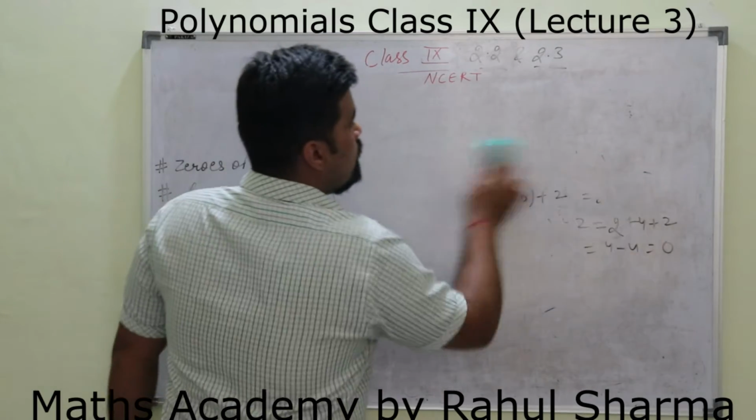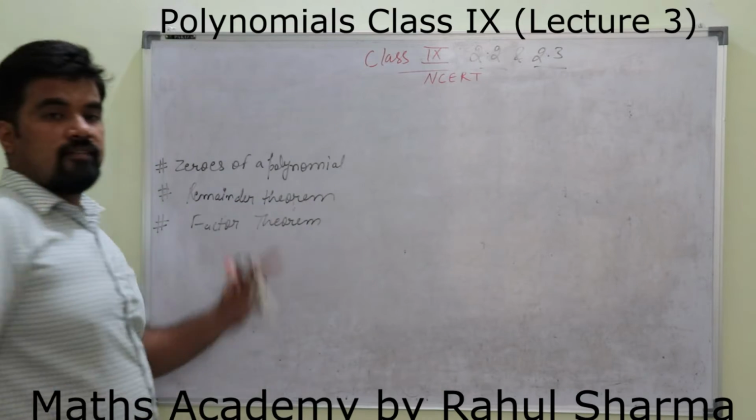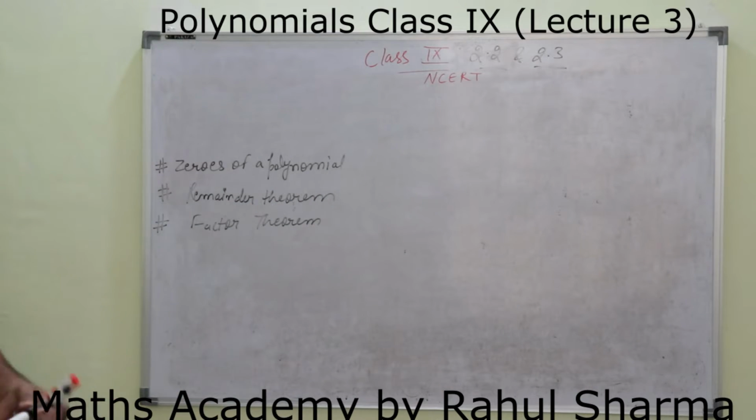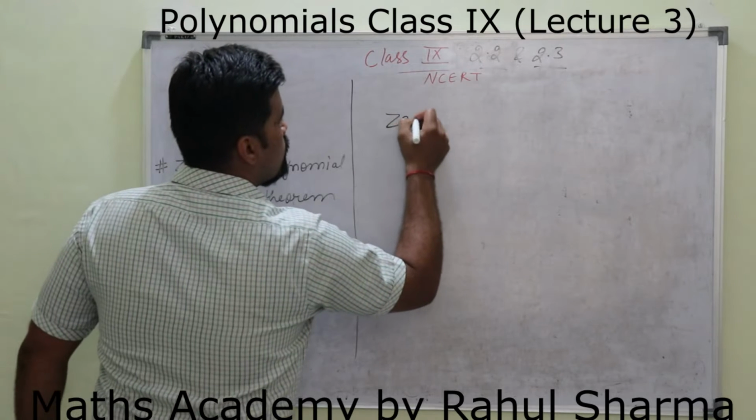Now we'll move further, आगे चलते हैं and let's start with these concepts. So first of all, we'll start with zeros of a polynomial.